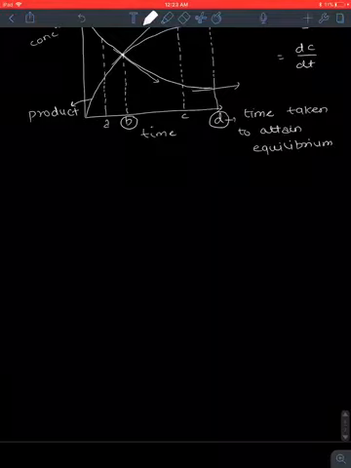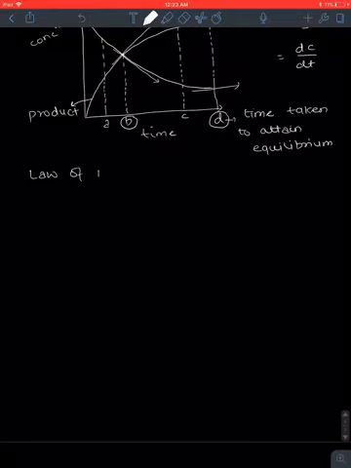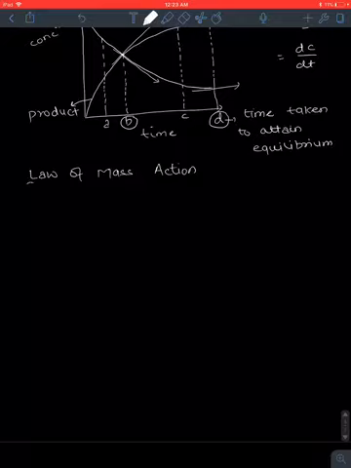Now next we'll move to the next topic, which is the law of mass action. The next topic which we are going to discuss today is the law of mass action. Let's try to understand the statement of this law first, then I'll explain all the points.